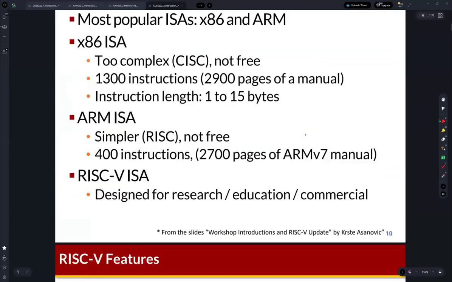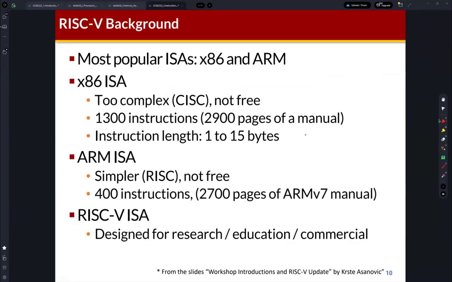So for example, x86 has a very long history. It was developed around 1970, and it has 1,300 instructions. So it means it is very complex, and there are many instructions. Why?